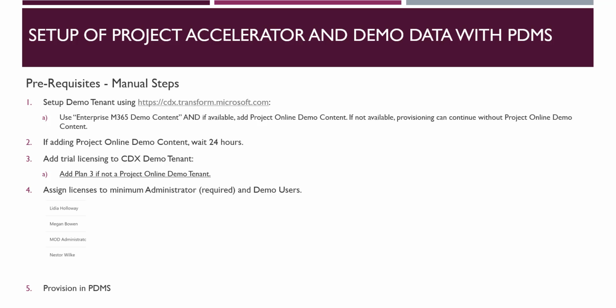The minimum is the administrator. In other words, provisioning will take place with only the administrator receiving a Plan 3 license in the trial.